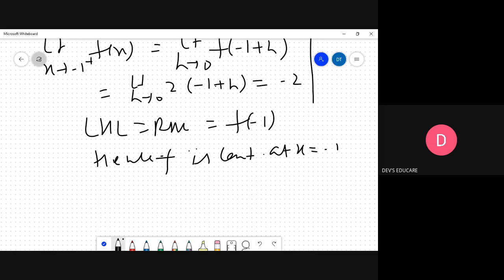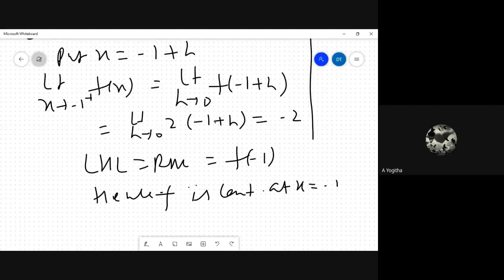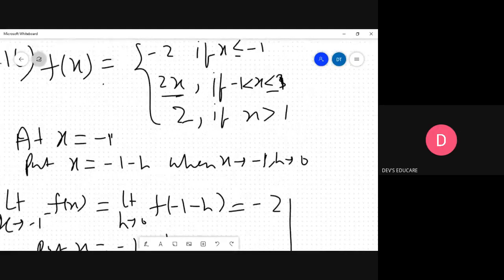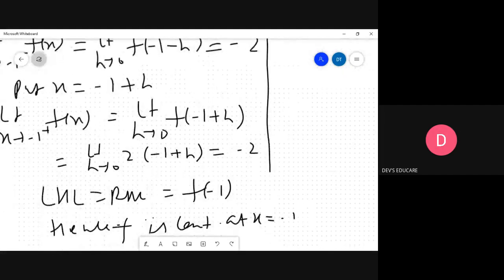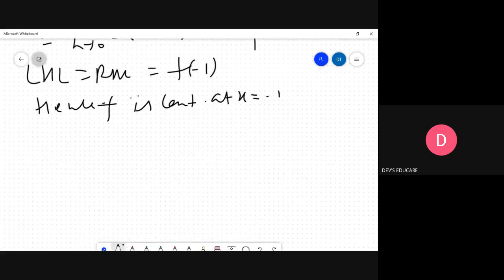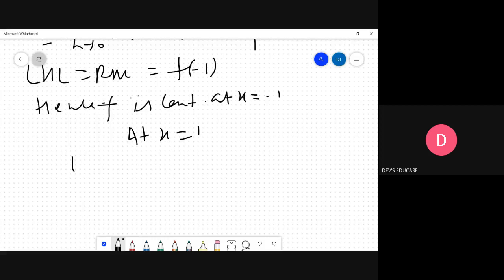Now, another point is 1. We shall check the continuity at x equals 1. Limit x tends to 1 minus f(x) equals limit h tends to 0 f(1 minus h).